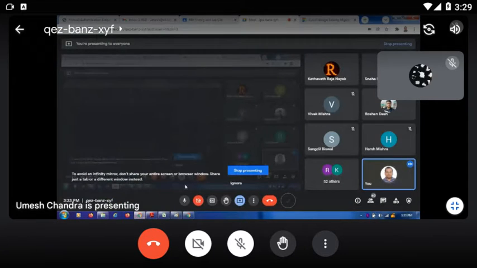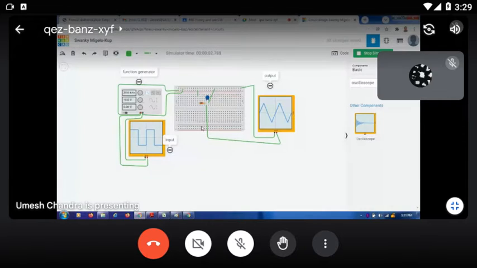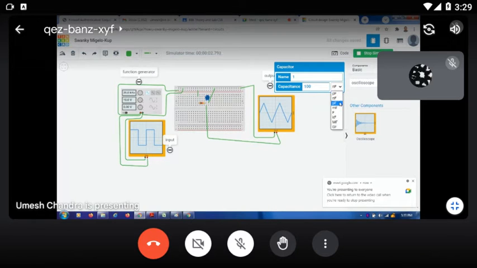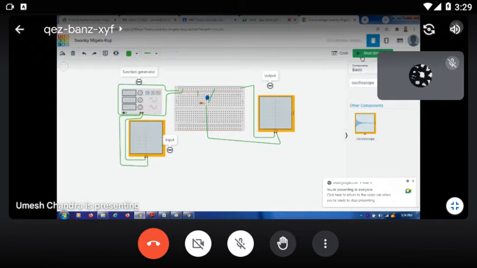Now the design circuit: what is the capacitance value, 100 microfarad? Then I interchange the components here.